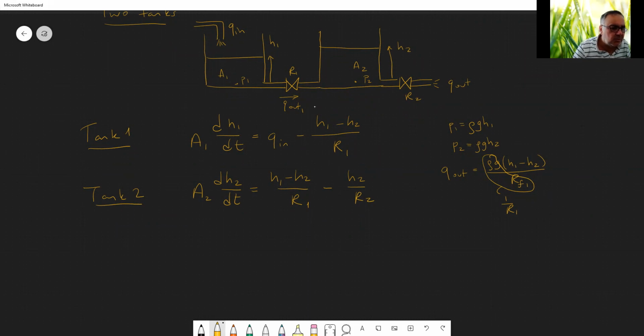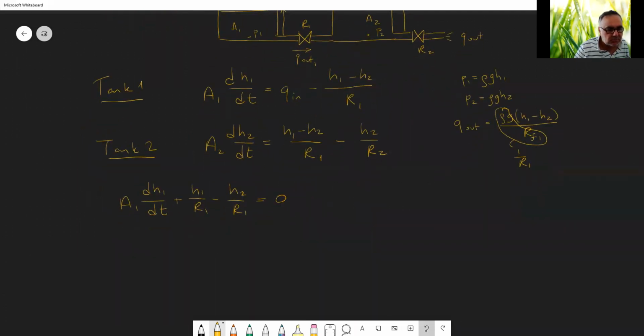Anyway, let's collect the terms in these equations. A1 dH1/dt plus H1 over R1 minus H2 over R1 equals, no, not 0, I'm sorry, it is Q in of t. This is the first equation.